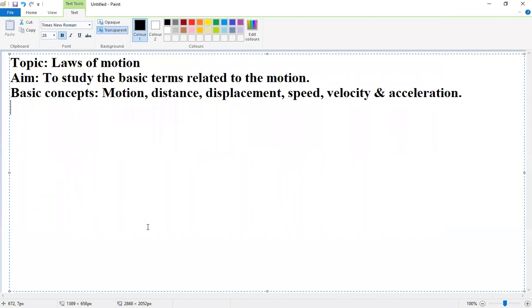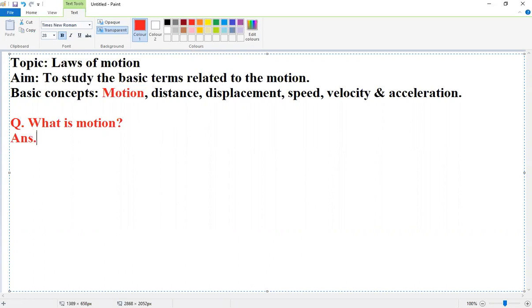Done with your writing part? Yes, sir. All right. So first we'll write about motion. Make a point and write down the question. So the question is, what is motion?